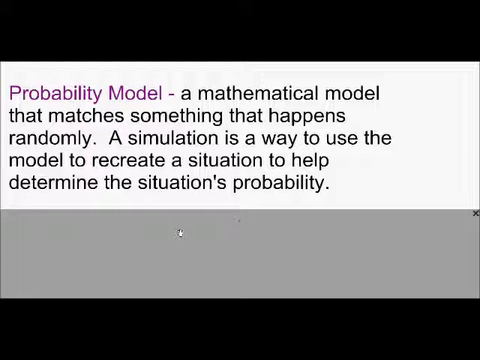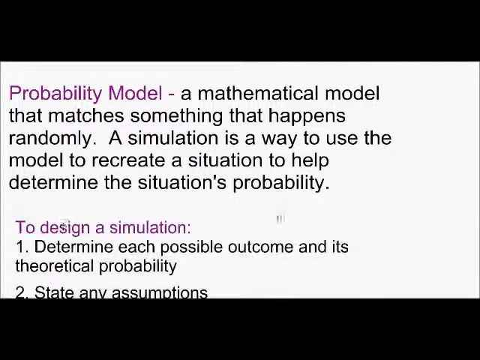For instance, instead of buying a lottery ticket and seeing if you win, and doing that until you win, you come up with a model for this. This is a way that will help you recreate a situation to help you figure out the situation's probability. Again, this is useful if you were playing the lottery. That could get to be quite expensive if you just kept buying tickets until you won.